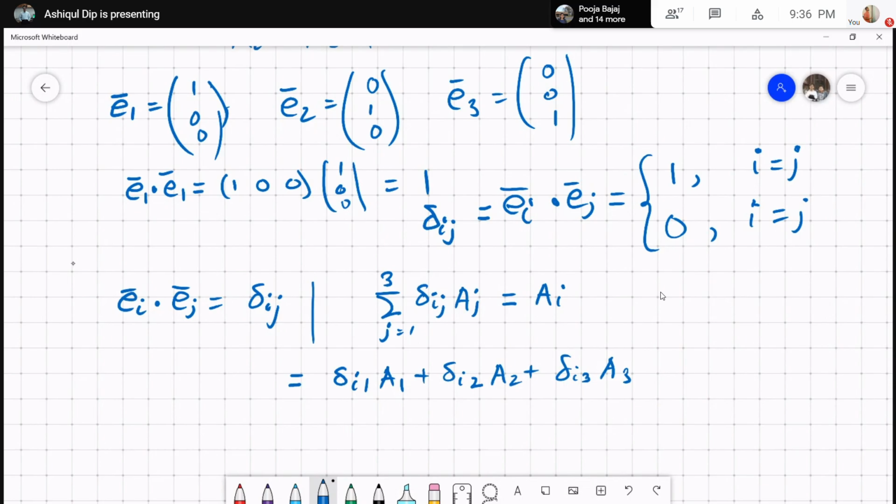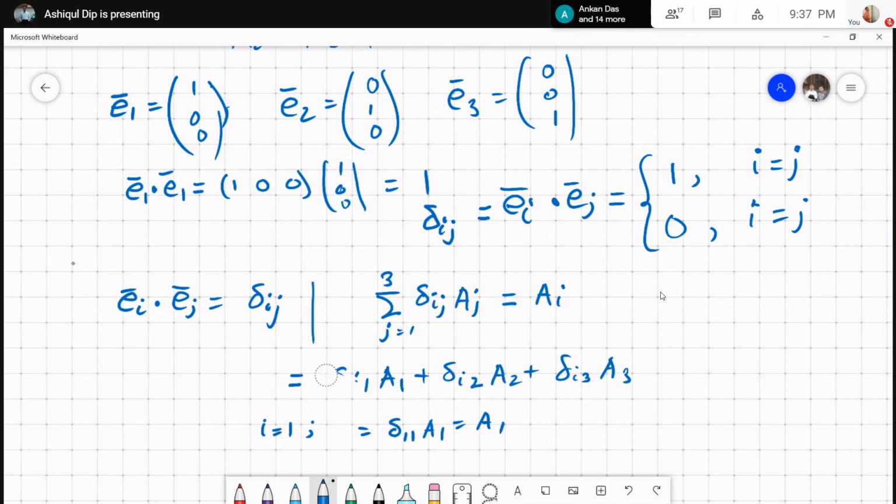For i equals 1, you get delta 11 A1, which is A1. So whatever i is, the final index of A is that. That's why we have this, and this is going to be really important: summation over the Kronecker delta.